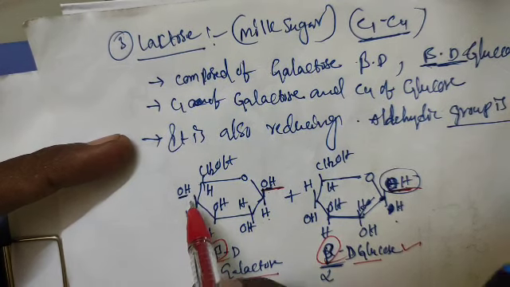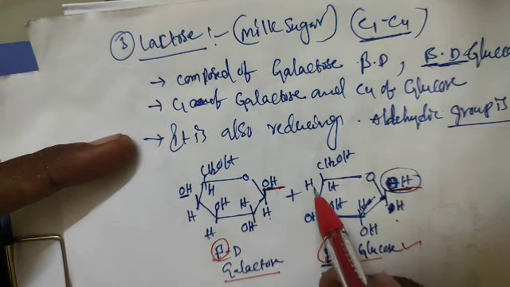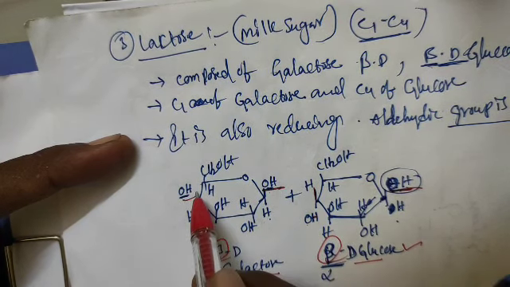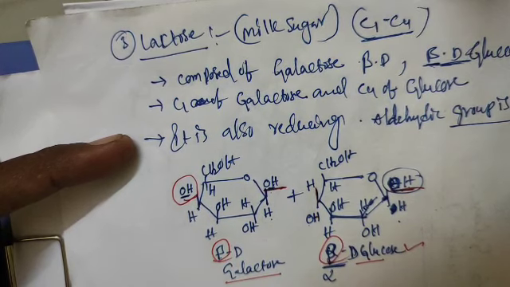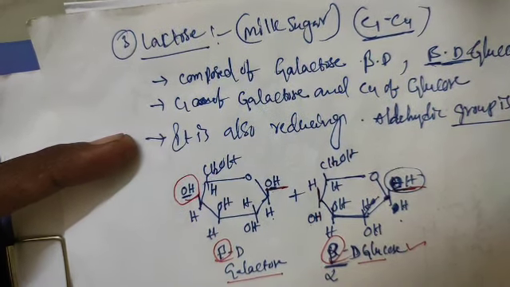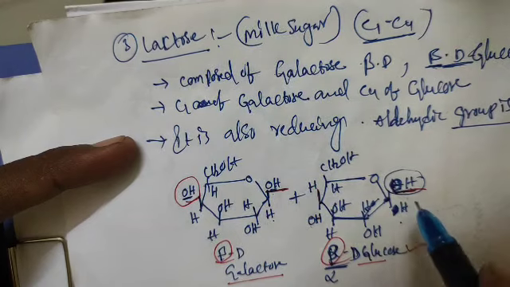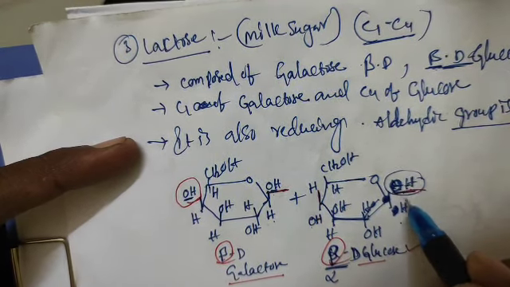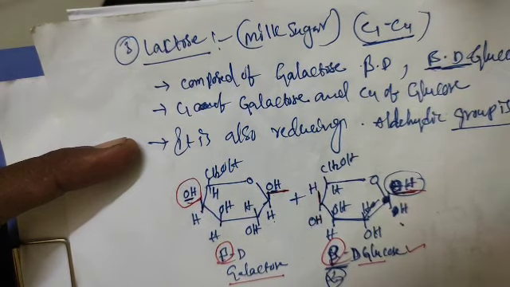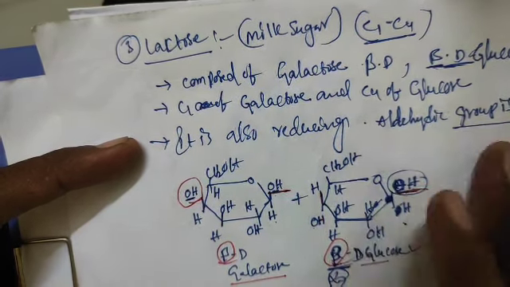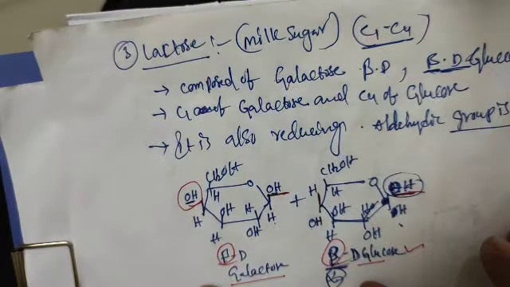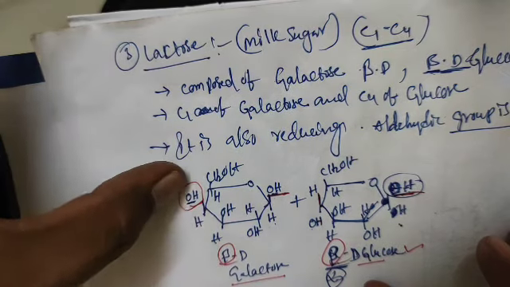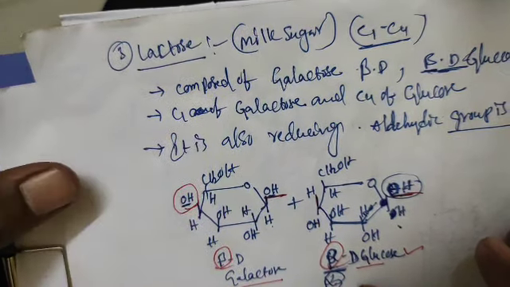The difference: glucose has OH down at the fourth carbon, but in galactose this fourth carbon OH is up. That is the difference. Alpha D and beta D difference: what is this carbon? Anomeric carbon. OH group down means alpha. OH group up means beta. That is about glucose. For galactose, beta means OH up like this one, and the fourth carbon OH is also upside.